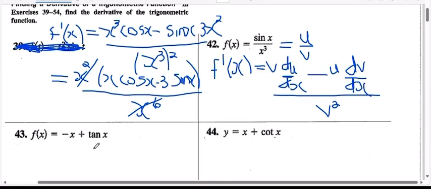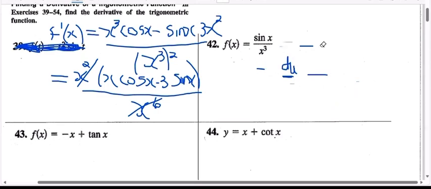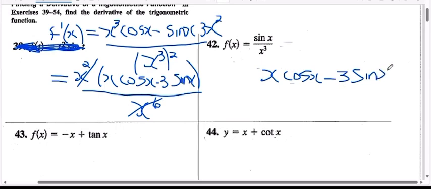So if I want to write the final answer now, after simplifying, it's going to be s cos s minus 3 sin s, and of course I've canceled the s squared, then divided by s raised to the power 4.